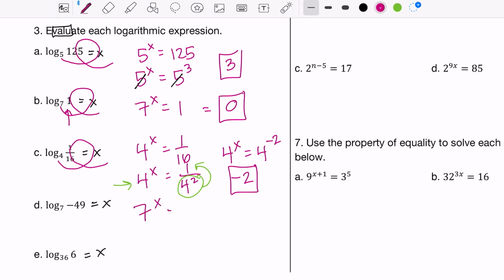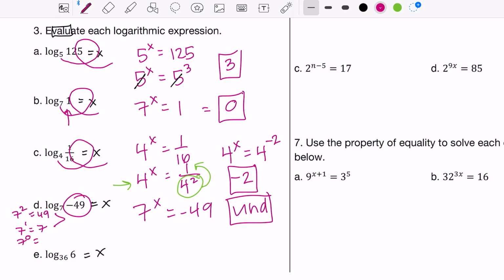7 to the x equals -49. I'll tell you right now, this is undefined. Anytime the argument of a logarithm is negative or 0, the logarithm is undefined. Here's a quick reason why. 7 to the first power is 7. 7 to the second power is 49. Both these numbers are positive right here. Okay, let's get smaller then.